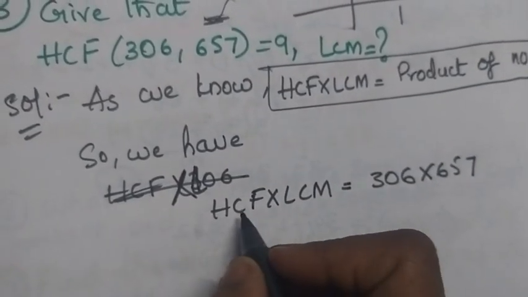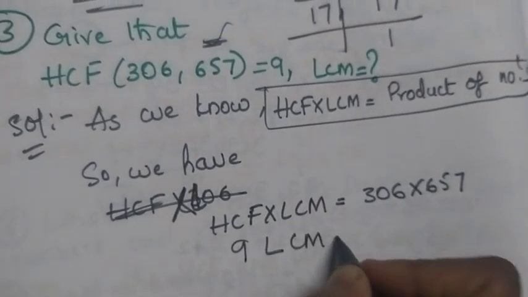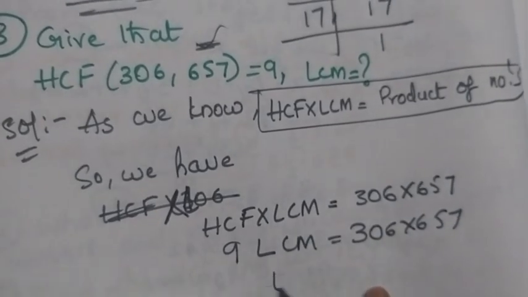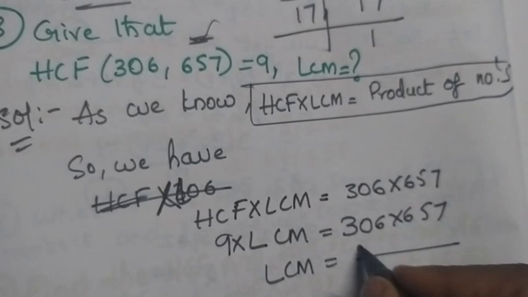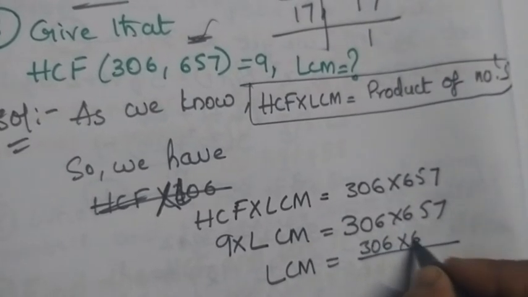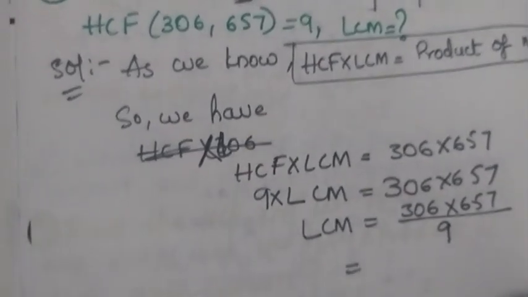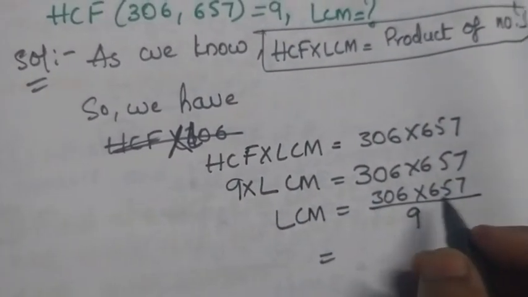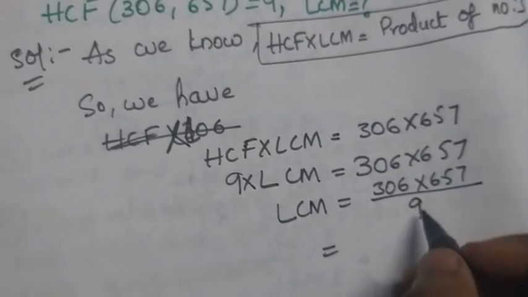What is the HCF of the given numbers? 9 is given. 9 into LCM is equal to 306 into 657. LCM is equal to, this 9 becomes the divisor here. Multiplier becomes divisor here. So we have to multiply 306 into 657, and we have to divide by 9.